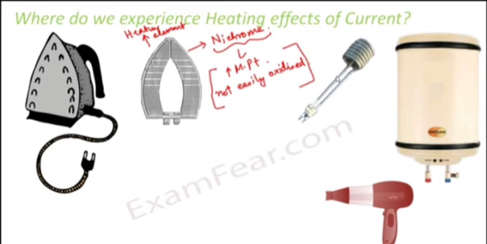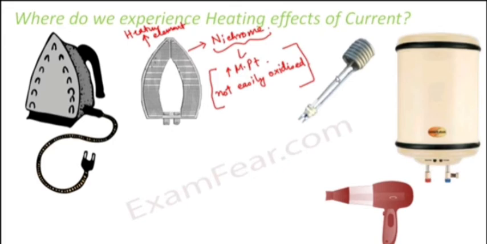So this iron has a heating element inside it, that is called what? Nichrome. In case of iron, the heating element is nichrome, which gets heated up when electric current passes through it, and that is the reason iron gets heated up and we are able to press our clothes. So these heating elements are responsible for generating heat when electric current passes through them.